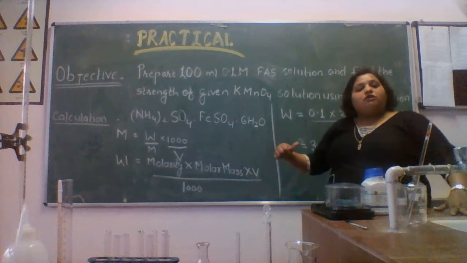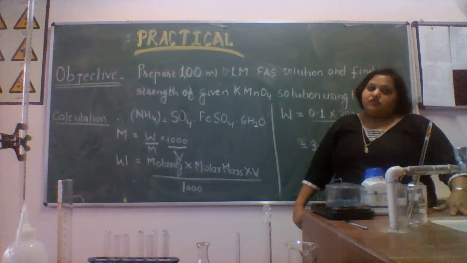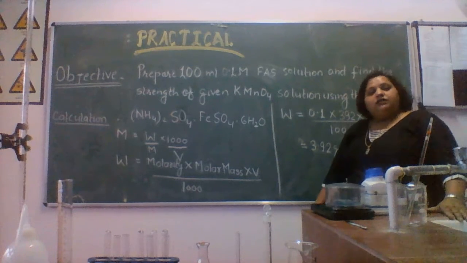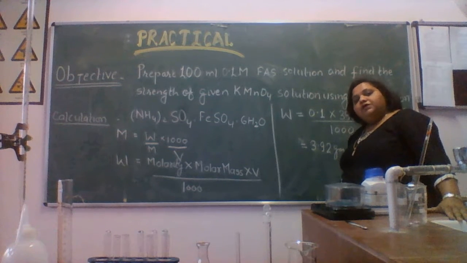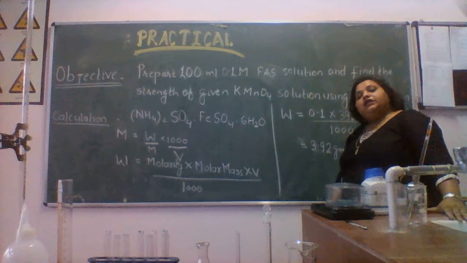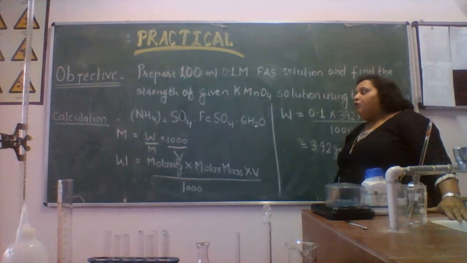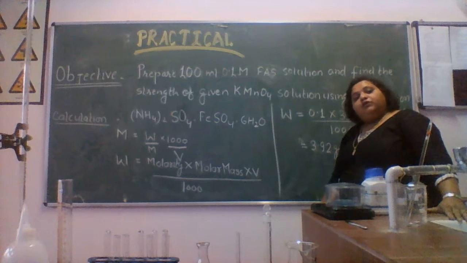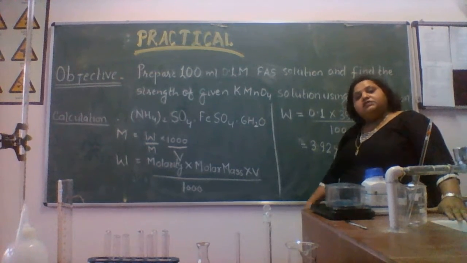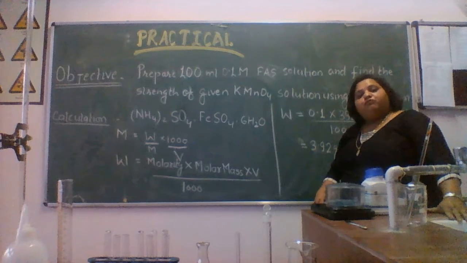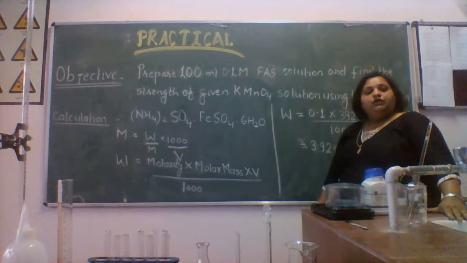Since oxidation and reduction take place together, this titration is called a redox titration. On the basis of the oxidizing and reducing abilities of both reagents, we are going to find out the strength of the unknown solution, which I will discuss in the second part of the experiment.